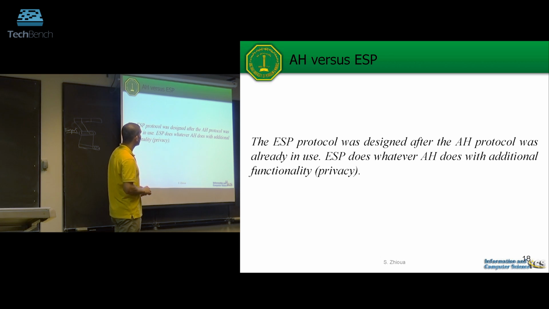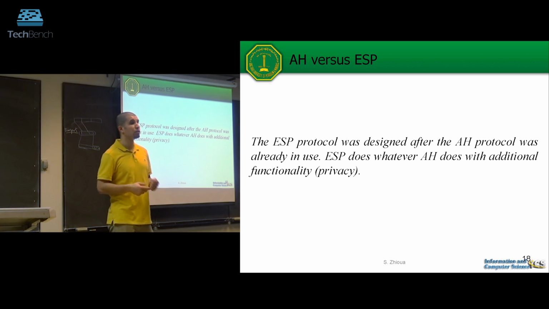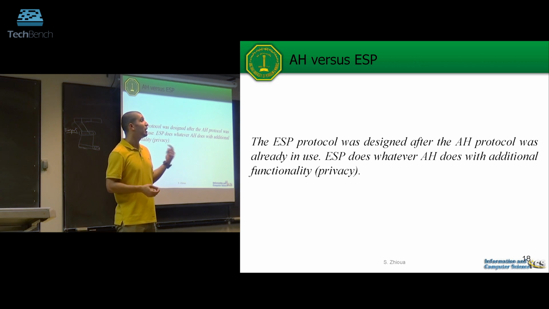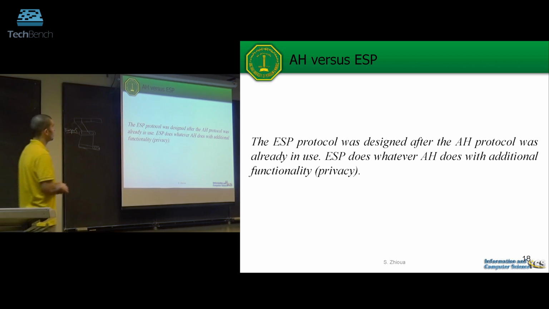And then, with the need of confidentiality, ESP was designed, and now ESP is the standard, most commonly used, and we still support authentication header because a lot of old systems are still using it. But new systems are exclusively using ESP.